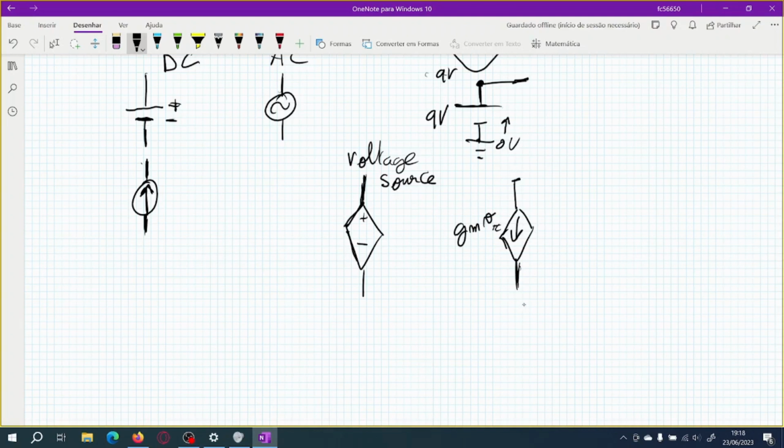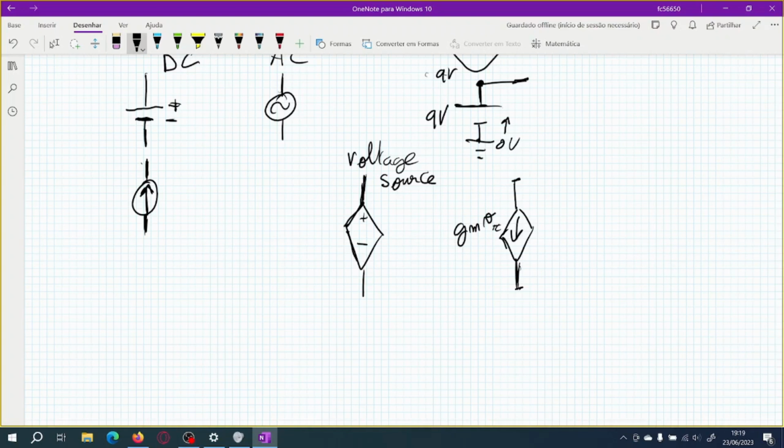This is what you need to know to start learning about electronics. There are a bunch of sources, and you can try to learn the symbols. When you see a voltage source, you know that across those terminals the voltage will increase or decrease by that amount, depending on the polarity.